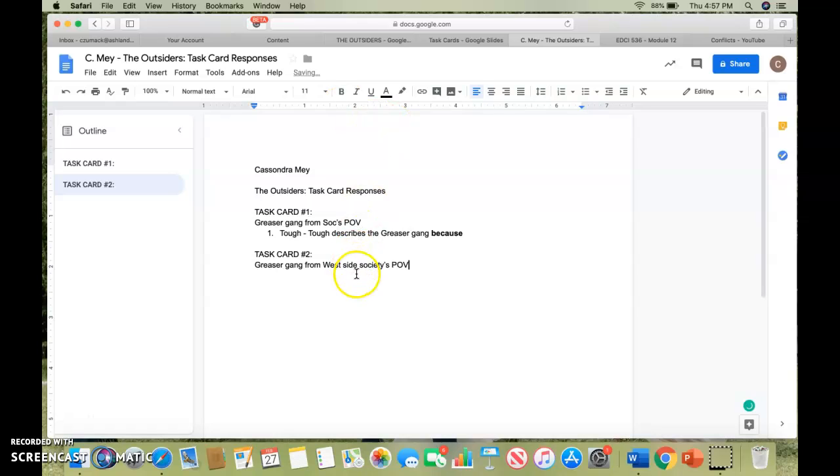Okay, and again, the West Side would be the Socials. So again, same thing. The first adjective, whatever it is, make sure you have a because and a why and an explanation. Okay. Oh, they're putting West. I'm gonna put West Side with it. Okay, thank you, Grammarly.